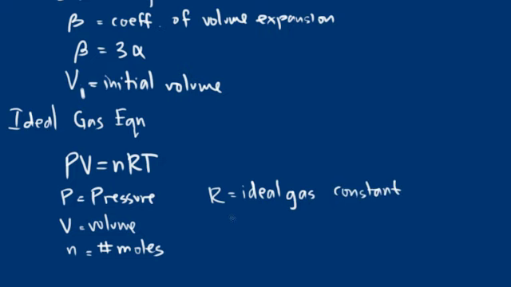What's the value of this constant? The ideal gas constant is about 8.314 joules per kelvin mole. That's not kilomole, it's kelvin mole. And T stands for, again, the temperature.